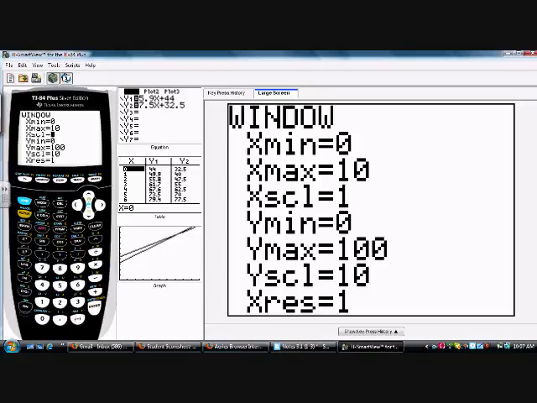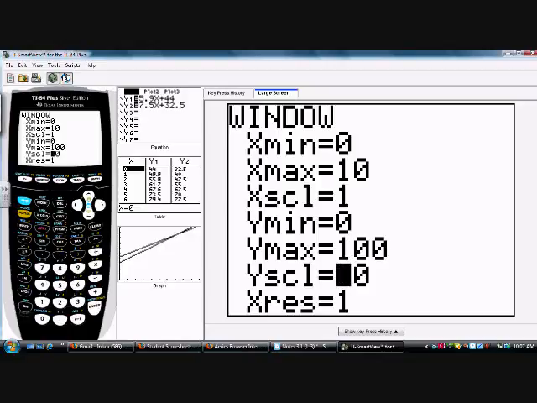X scale you can set at 1. That just says how often you put a little tick mark on the x-axis. My Y minimums, well, they were in the 40s, 50s, 60s for the sales. I'm going to take that all the way up to 100 because I think I need to spread a little further than what my tables were. So I'll take my Y maximum up to 100.